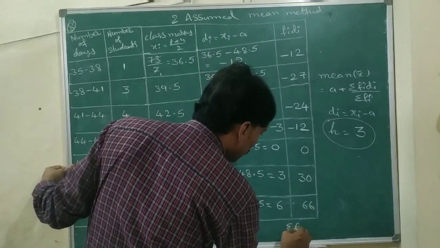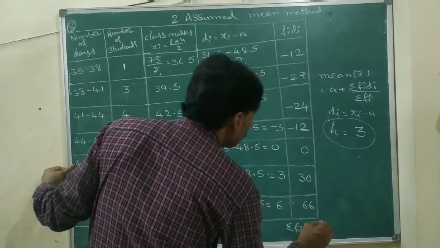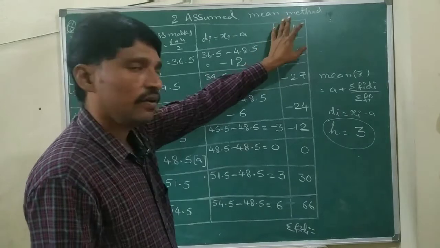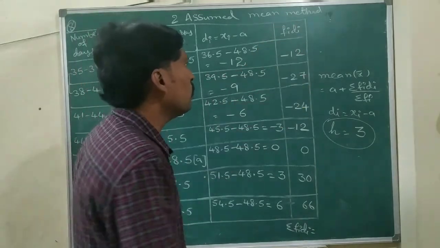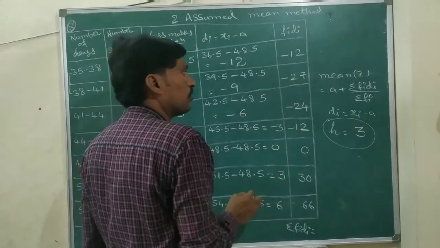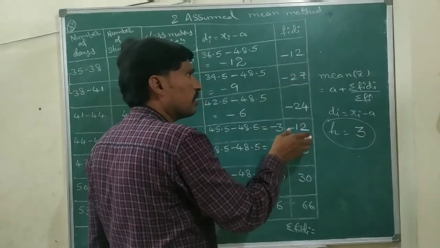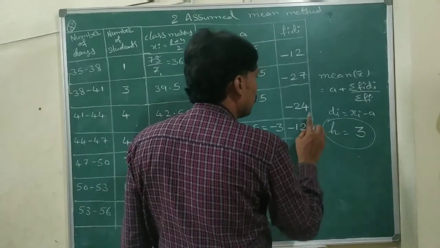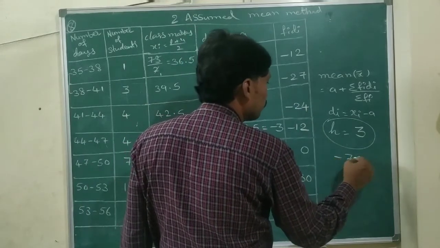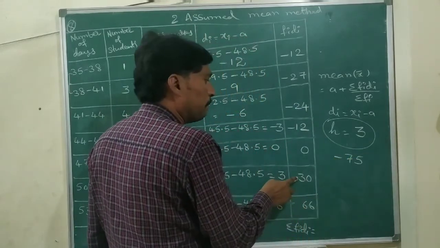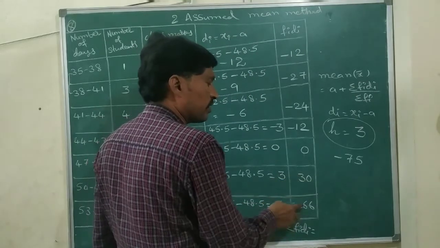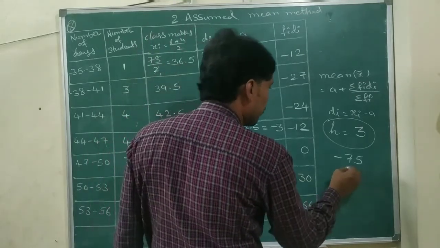Now we need to find sigma Fi di, adding all the Fi di values. Minus 12, minus 27, minus 24, minus 12 add up to minus 75. Plus 30 plus 66 is 96.